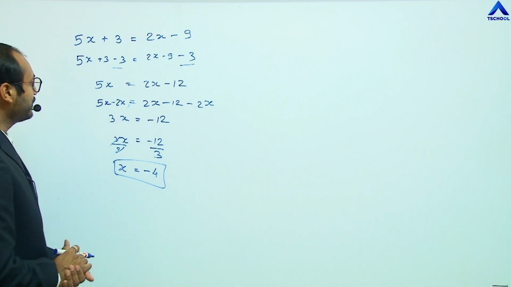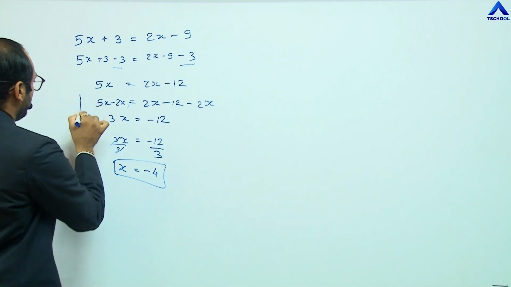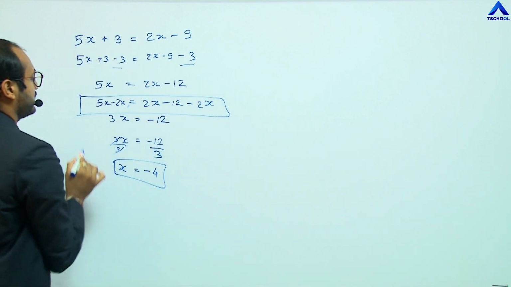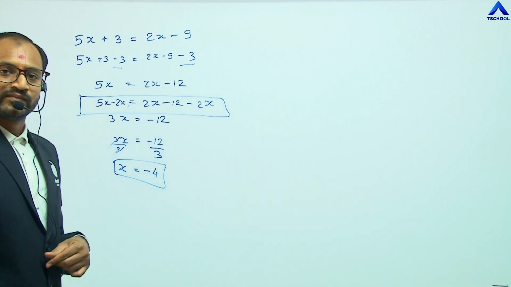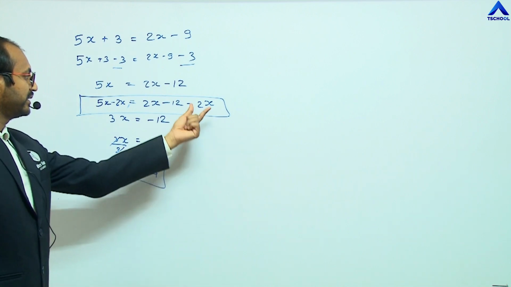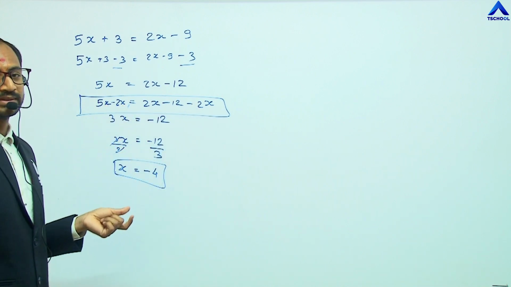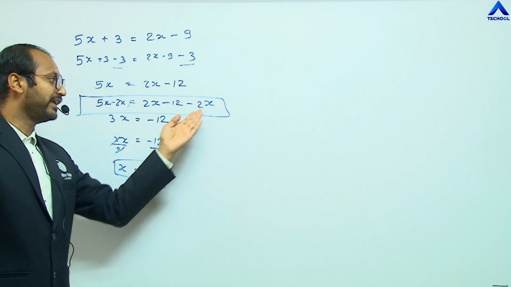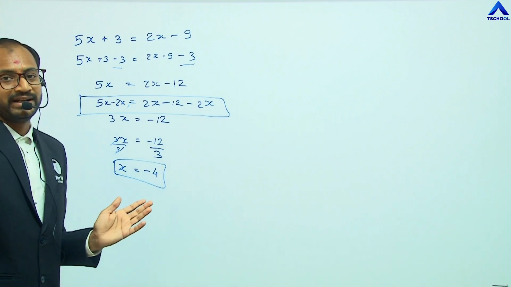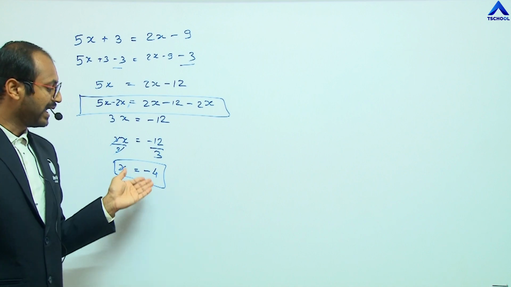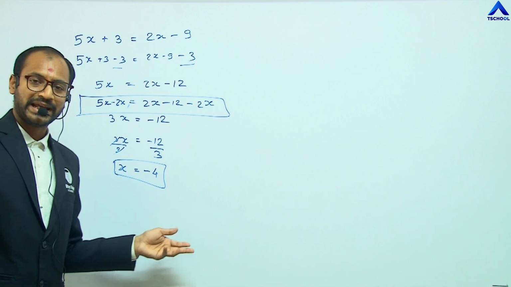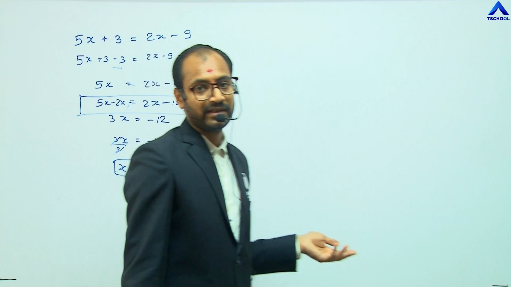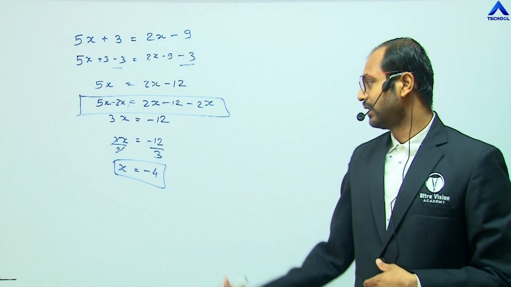Got it? So the main thing in this topic is this. We can subtract 2x on both sides, which contains the variable also, because a variable is also a number. Here it is an integer. It may sometimes be a whole number as well, and it may also be a rational number.